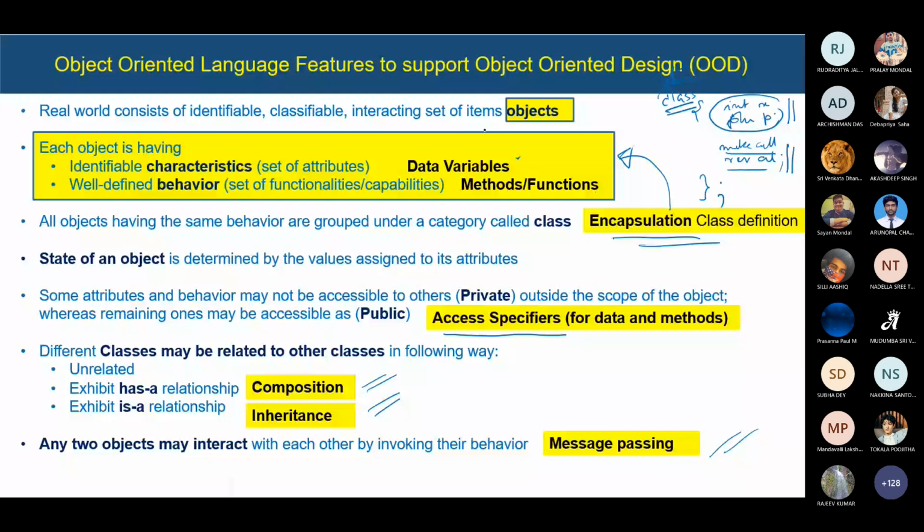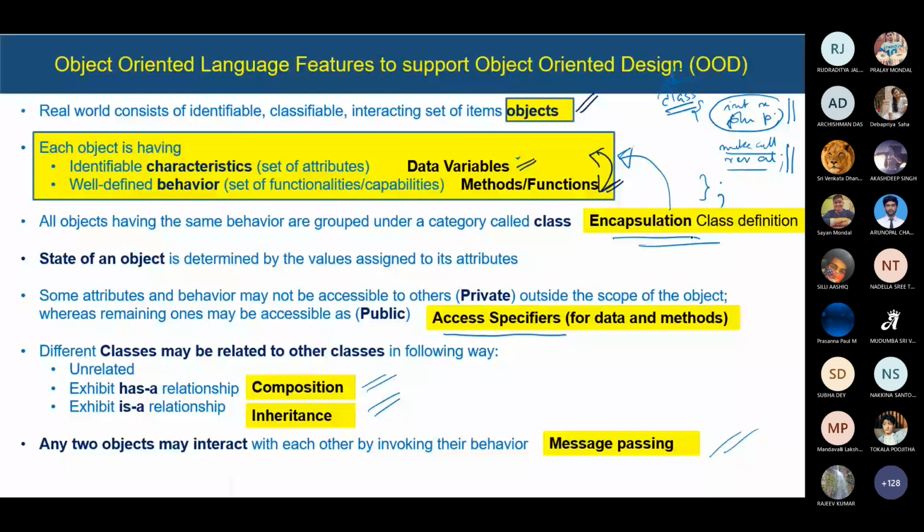These identifiable characteristics are basically the data variables. Their behavior is basically implemented in the form of methods and functions. The objects having the same behavior are grouped under the same category called a class, and in the definition of a class, you have to combine both of these together, right?